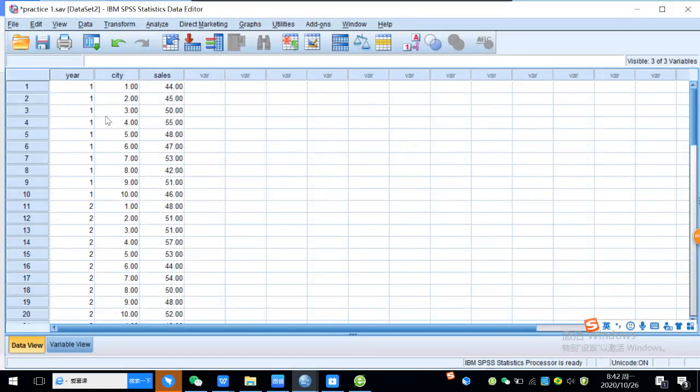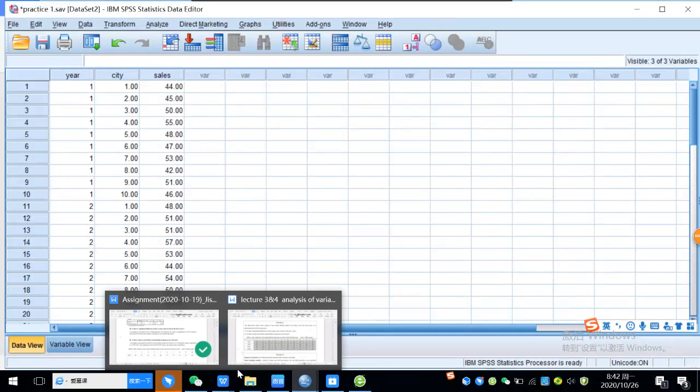Okay, that's very important. So that means the one-way ANOVA should be significant. Based on the one-way ANOVA being significant, then we will test if the year and the sales have a linear relationship.